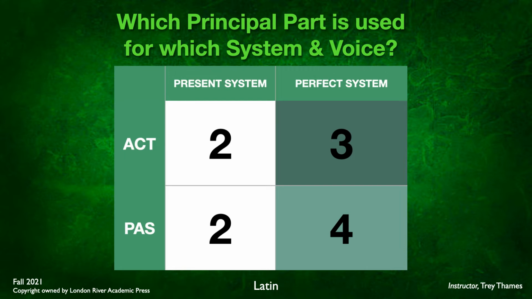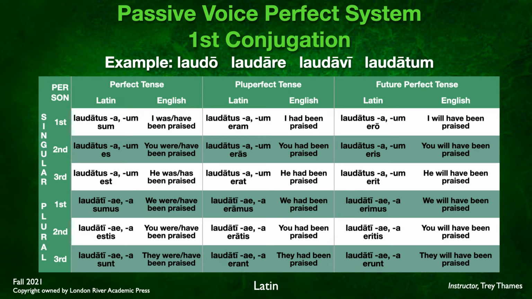So let's take a look at laudatus, -a, -um. Excuse me, laudo, laudare, laudavi, laudatum, our paradigm verbs. So here we have in the perfect system, perfect tense, laudatus, -a, -um plus sum. And in the second person singular, laudatus, -a, -um es, laudatus, -a, -um est. Now notice here, when we move into plural, we have to use the plural forms of laudatus, -a, -um. So that's masculine nominative singular for laudatus.